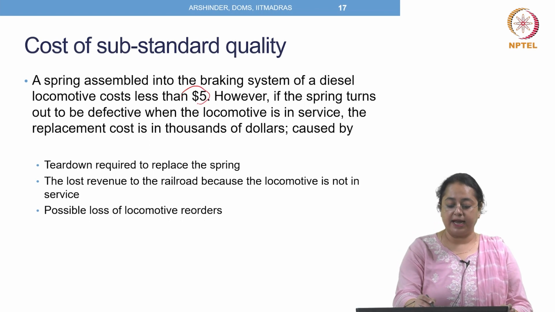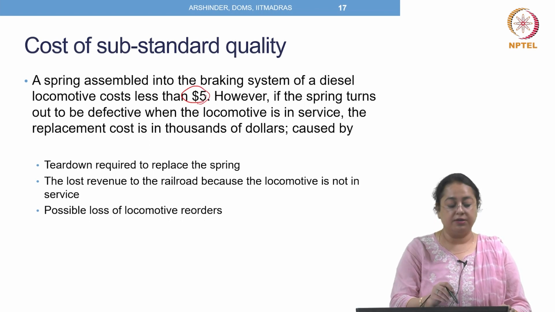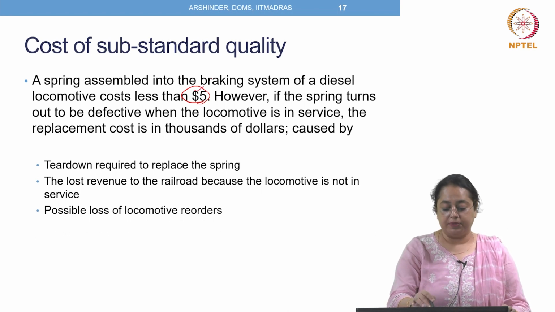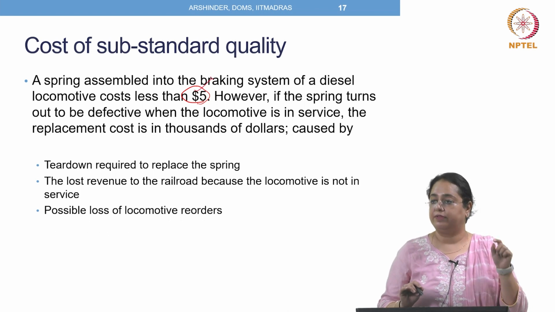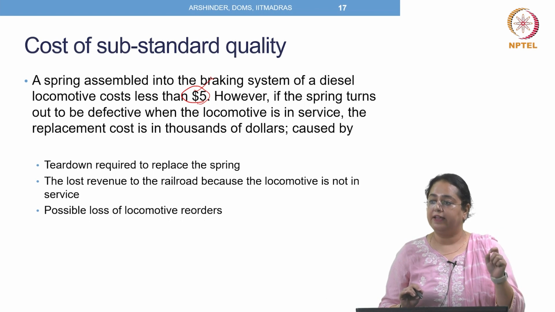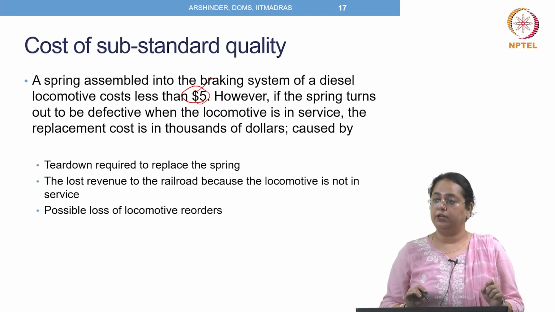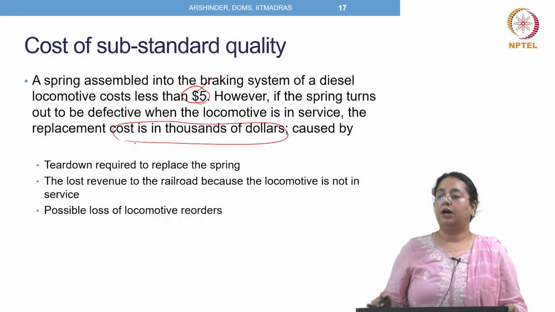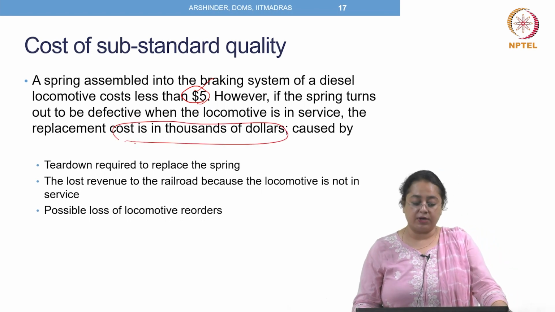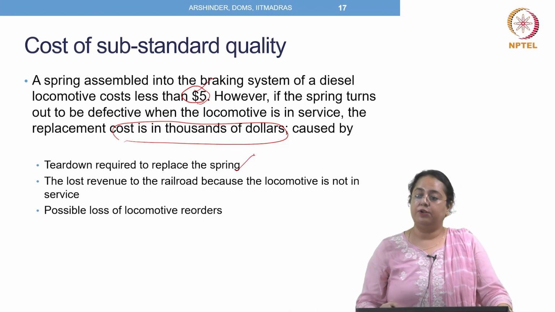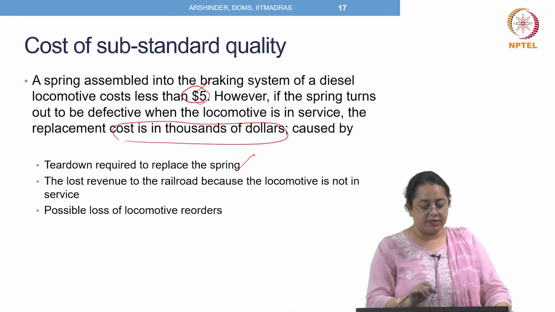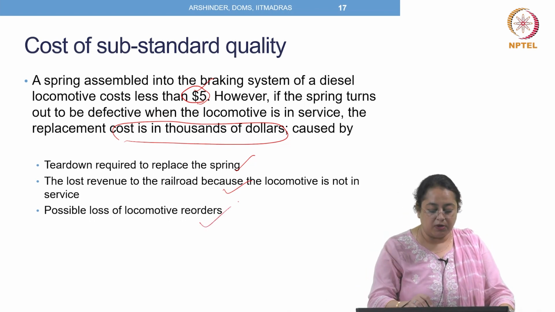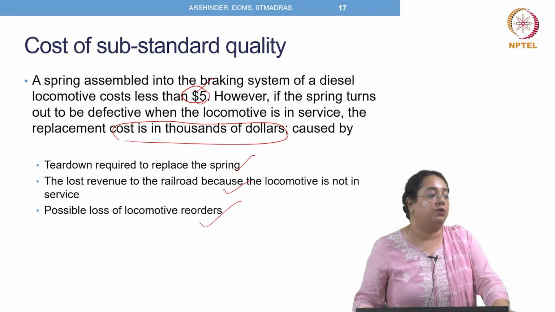You can see that if prevention and quality are ignored, the price of that part would turn out to be in thousands of dollars. How come? Tear down is required to replace the spring, there is lost revenue to the railroad because the locomotive is not in service, and possible loss of locomotive reorders.